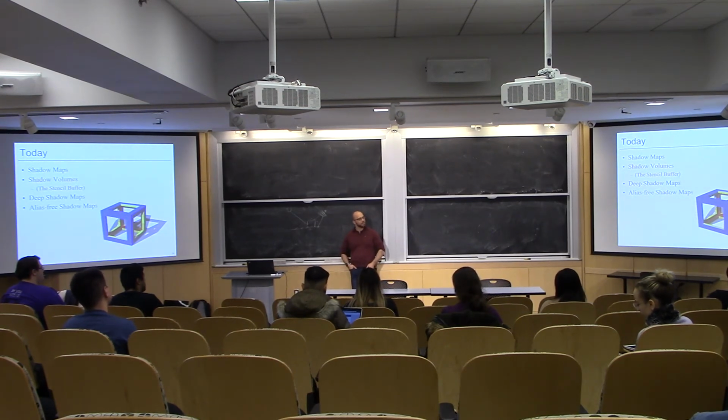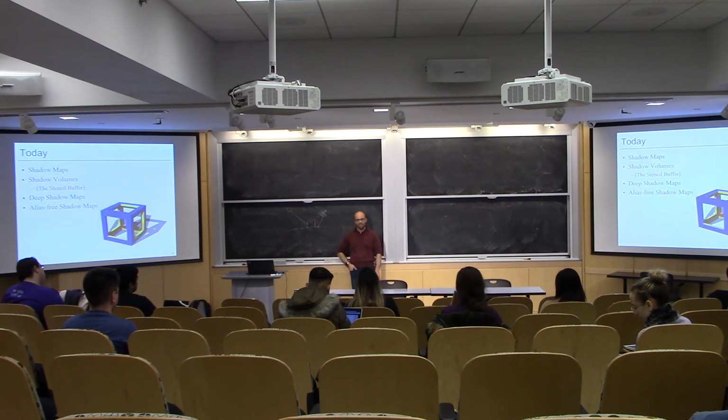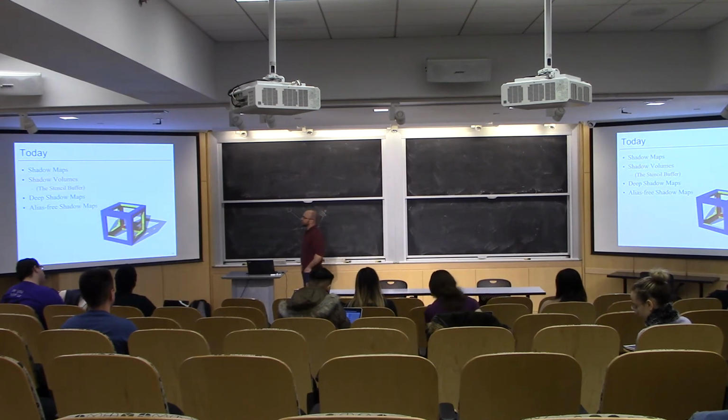It used to be in OpenGL that these were actually special buffers on your graphics card. These days, since we have this very general purpose graphics card, that's no longer the case. You just say, I want a stencil buffer, and now I reserve this many bytes worth of memory, and I have one. There's no distinguishing that happens. And then we'll spend our last couple minutes talking about deep shadow maps, which have nothing to do with deep learning, in case you're wondering.